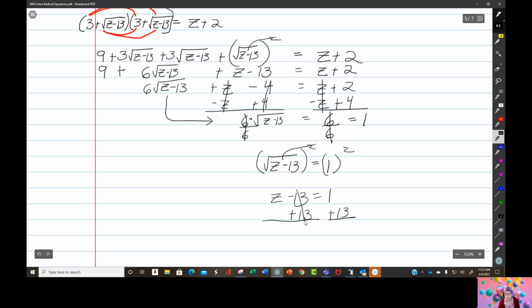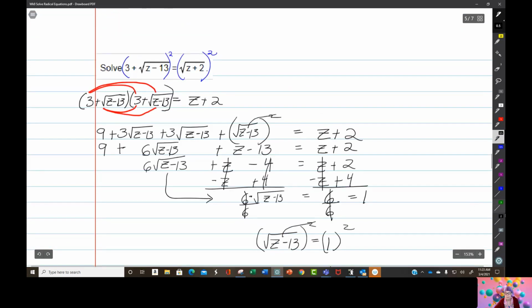So that I come away with z equals 14. But I do have to check my answer. So let me draw a line. Check. At least I only have one answer to check. We're checking z equals 14.